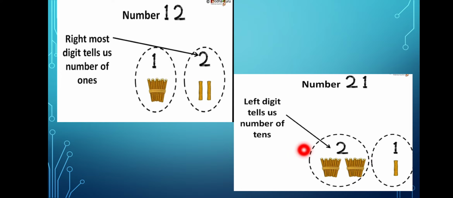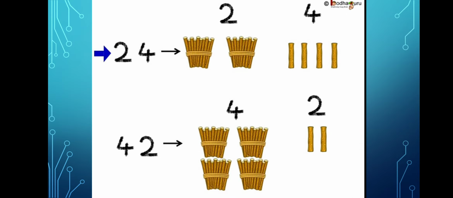Okay students, in the same way, 2 and 4 make 24. Okay, 4 represents the number of loose sticks, that is the number of ones, and 2 represents the number of tens, that is 2 bundles of tens.